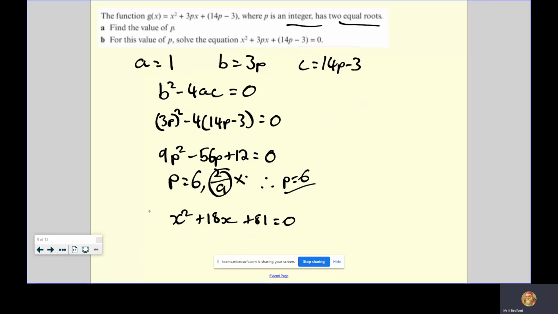And this looks like x plus 9 all squared equals 0. So therefore I can say x equals negative 9 because it's a repeated root. And I think that's my last question.